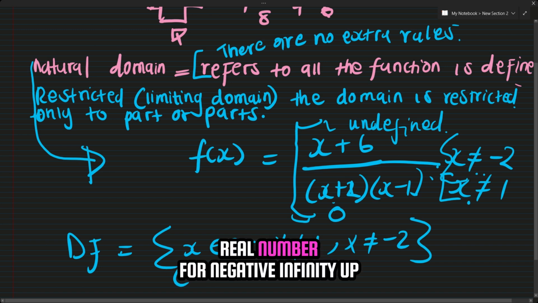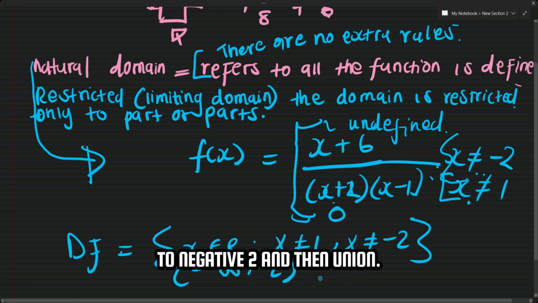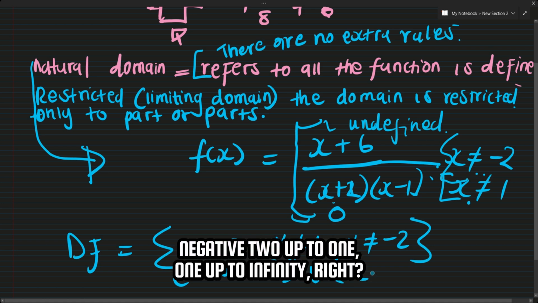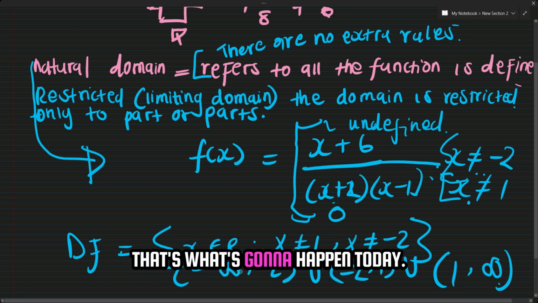It's all real numbers from negative infinity up to negative 2, and then union negative 2 up to 1, union 1 up to infinity, right?